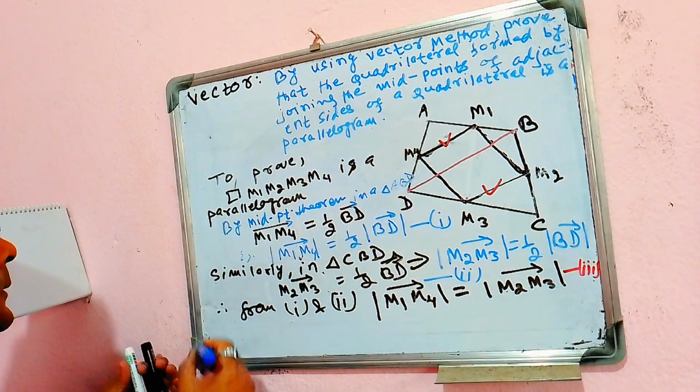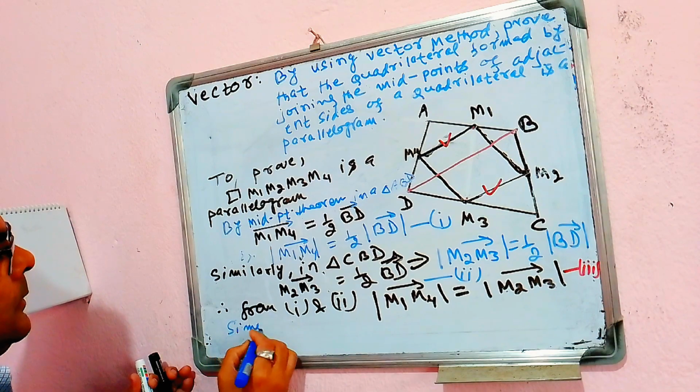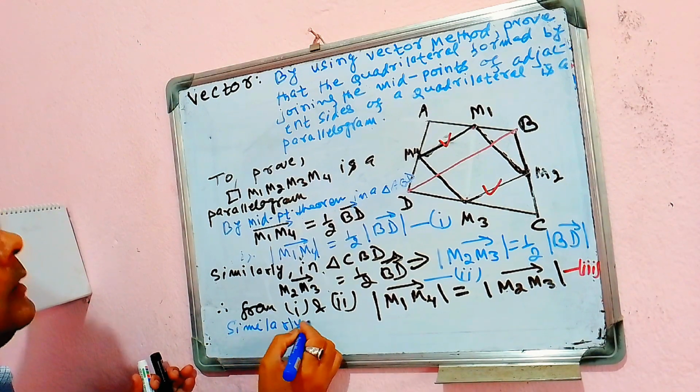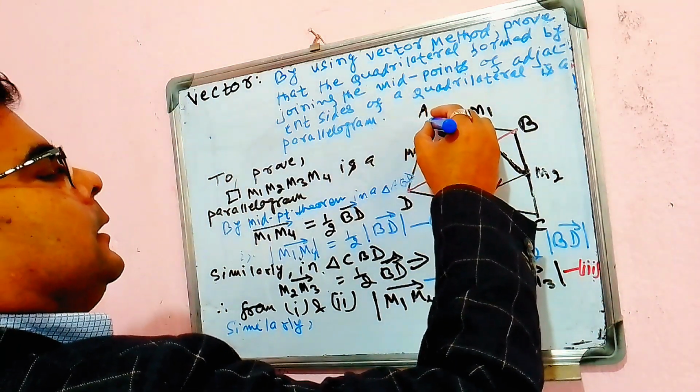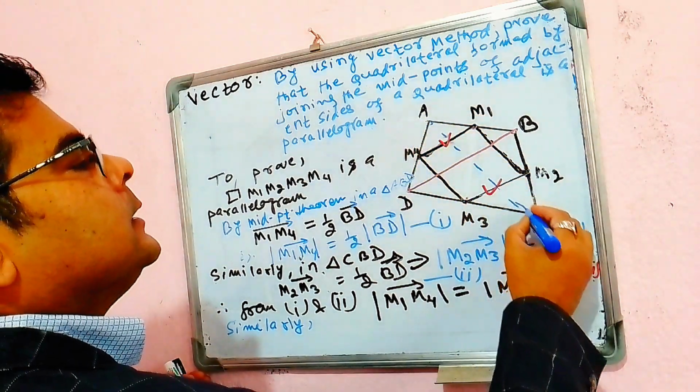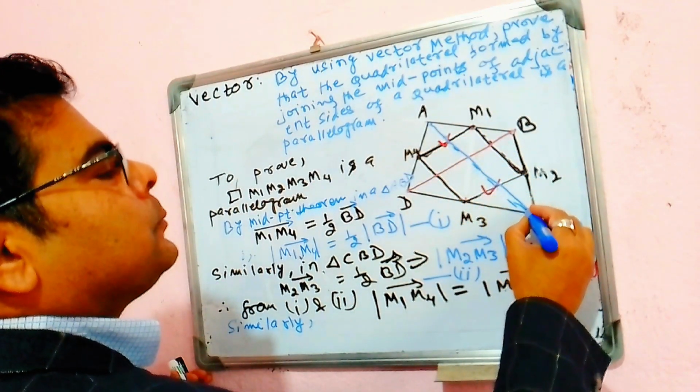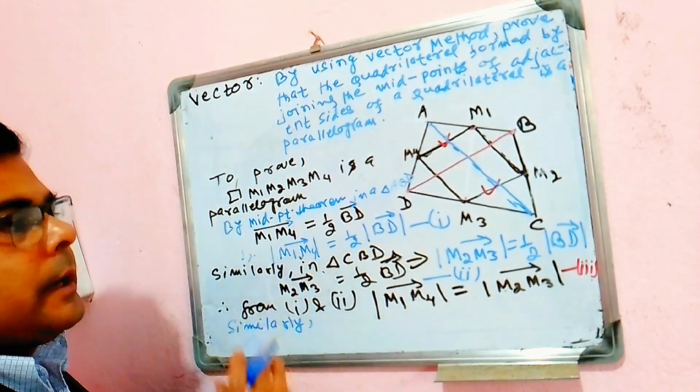Similarly, if you join A and C and go through a similar process, you don't need to show it again here.